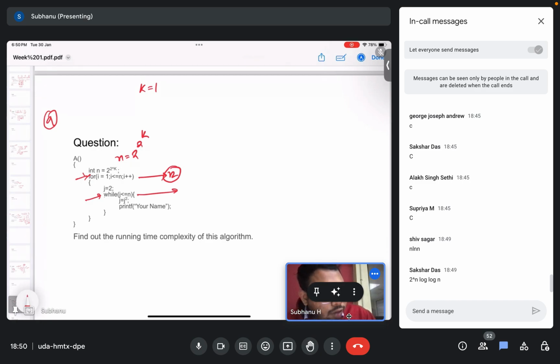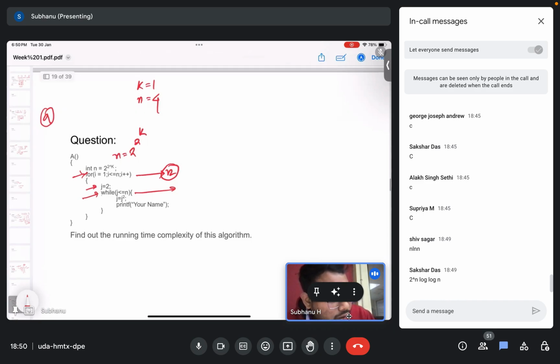So if k is 1, then what will be the value of n? Then n will be 2 to the power 1, that is basically, yeah, 4. And what will be the value of j? Each time the value of j will start from j equal to 2, and j will run as j square.